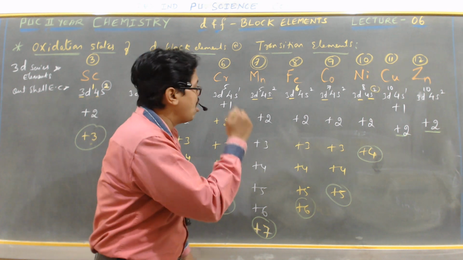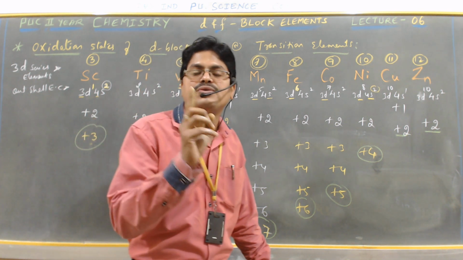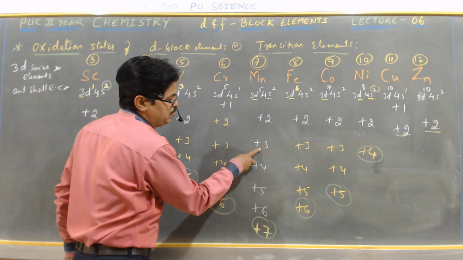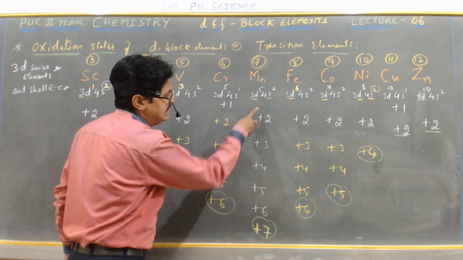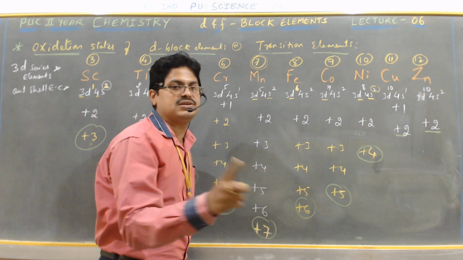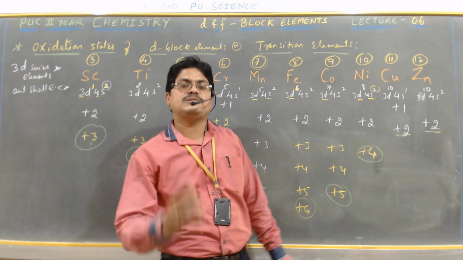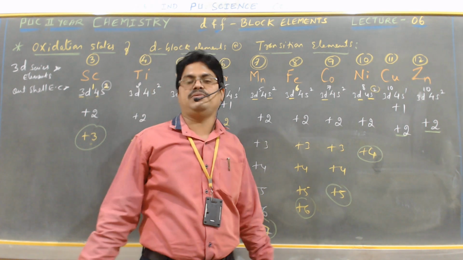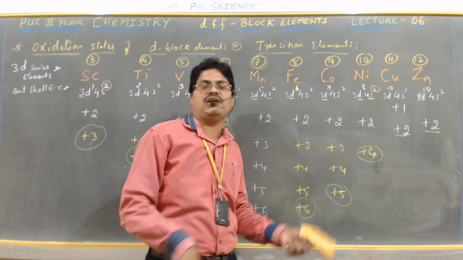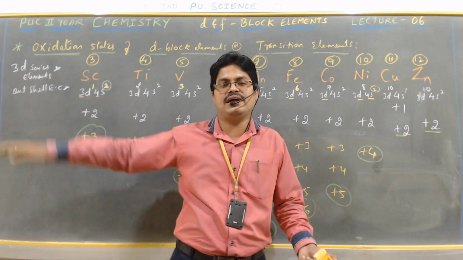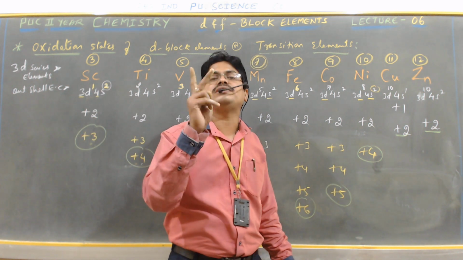Look here, manganese: plus 2, plus 3, plus 4, plus 5. It differs by only 1 unit. Whereas with non-transition elements, for example in the p block or s block, they differ by 2 units.